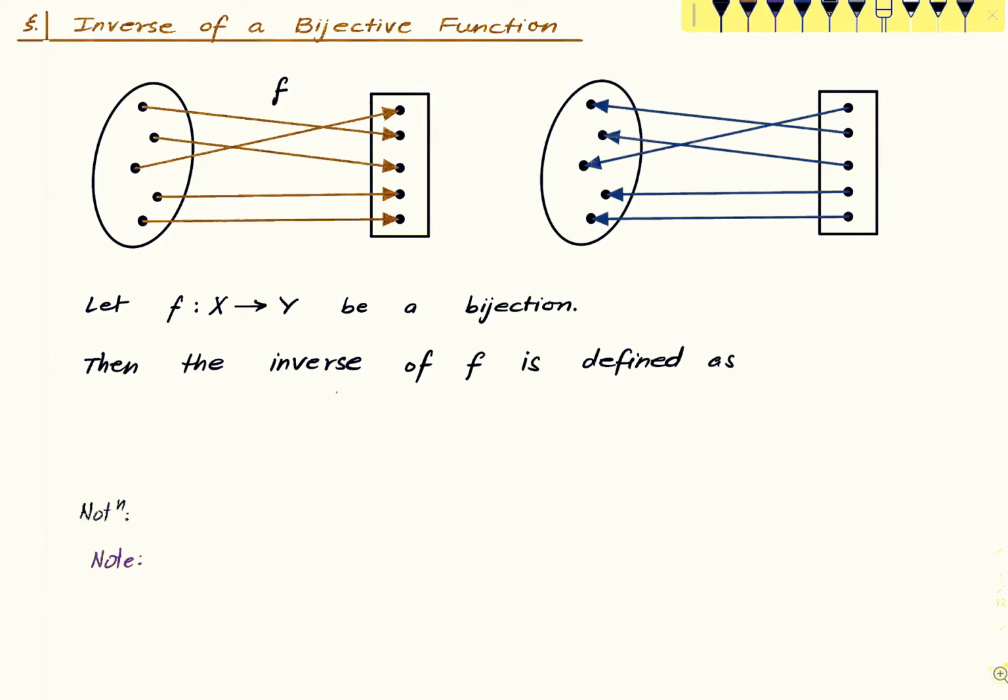All right, so we can just formalize what we just said in words. If we have a bijective function f, then the inverse of f is defined as the map g from the target of f to the domain of f, which takes a point little y in Y to the unique element x in X such that f of x equals y.